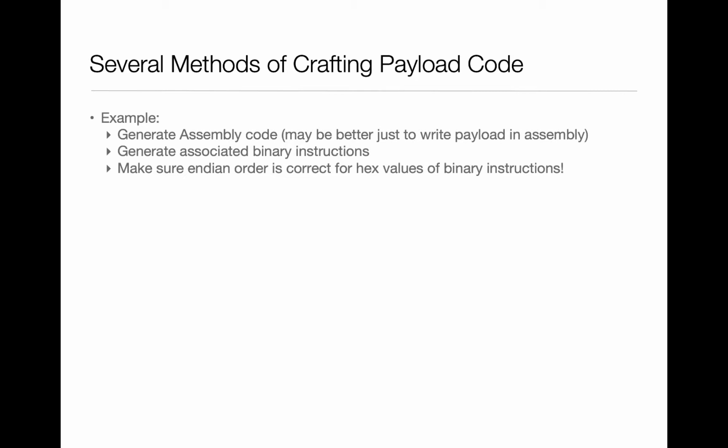What you're trying to do could be expressed in much simpler assembly instructions, or you could just generate the associated binary instructions. But in any case, you want to make sure that the endian order is correct for the hex values of your binary instructions.